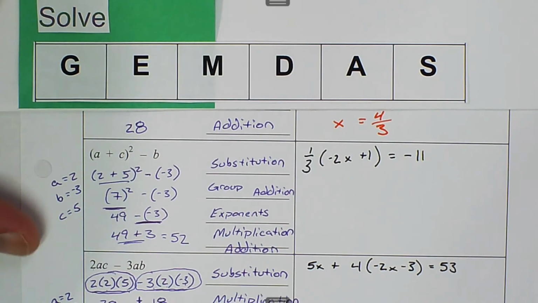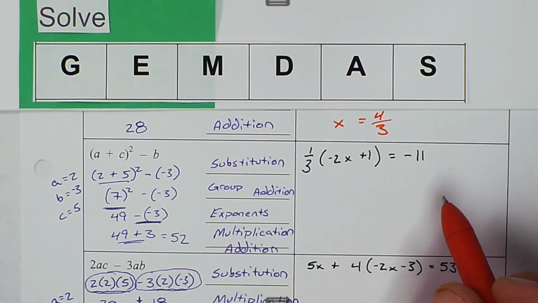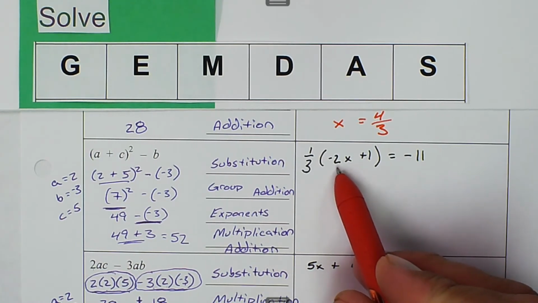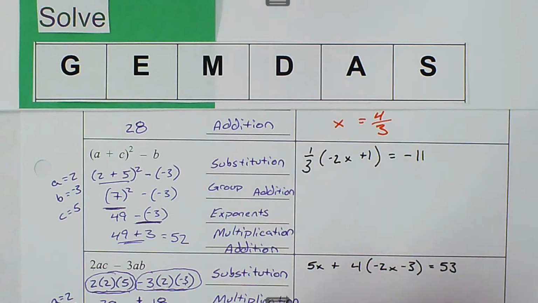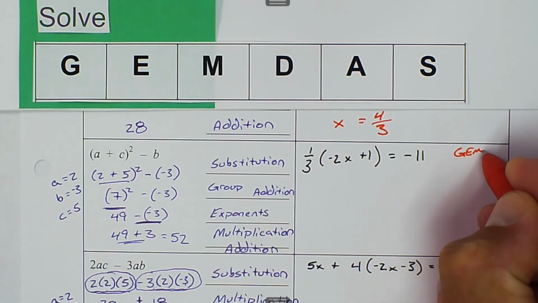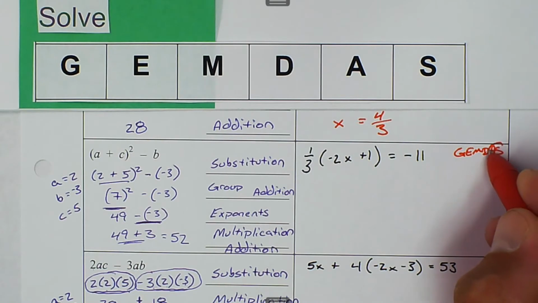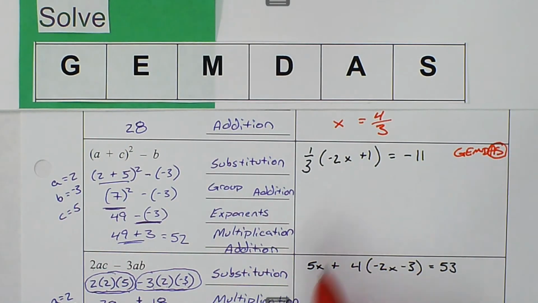Now, one more example. Here we have 1/3 multiplied by negative 2x plus 1 is equal to negative 11. And we're still going to use GEMDAS. What's the first thing that we're looking for? We're looking for addition and subtraction.